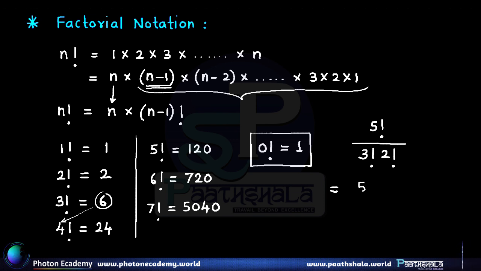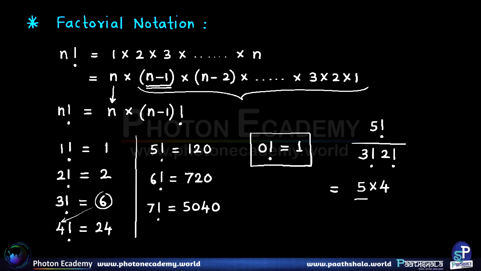So in the numerator, the only terms remaining will be 5 and 4, because from 3 onwards everything will get cancelled with 3 factorial. And the remaining term in the denominator is nothing but 2 factorial, which is 2. So therefore the final answer is 20 by 2, which is 10.